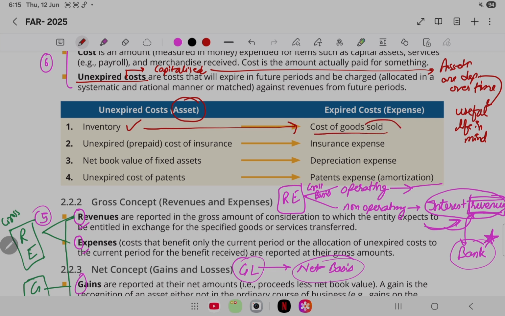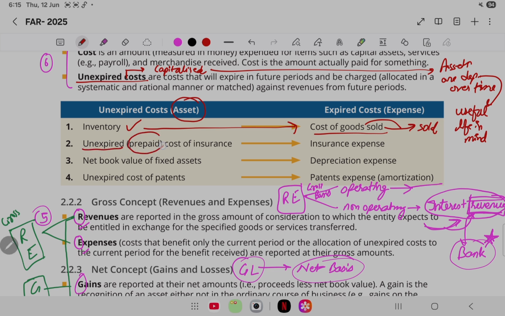If you see the journal entry for the sales item, first we transfer the inventory to the cost of goods sold, and then we sell it, right? So whenever we sell the inventory, we transfer the expired cost in the name of cost of goods sold.